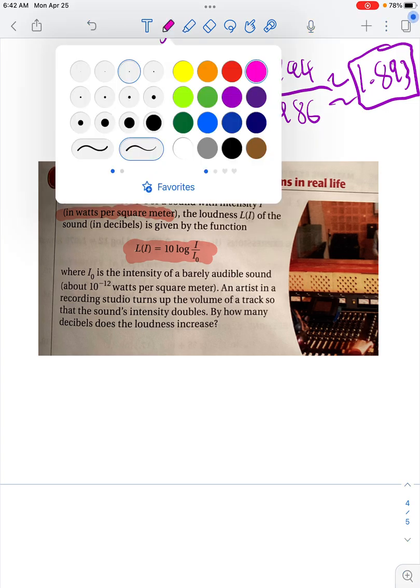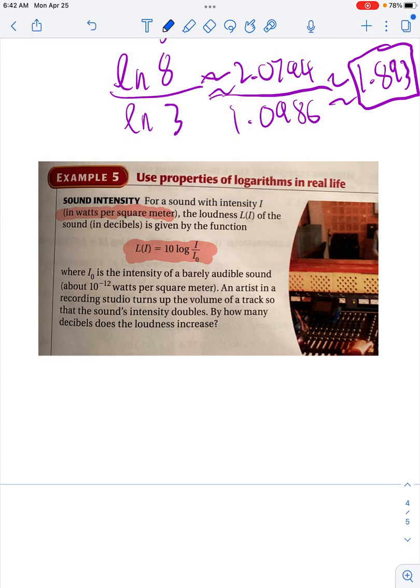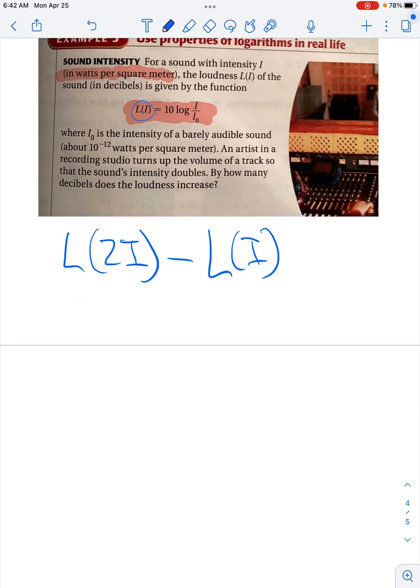So to figure out our loudness increase, we're going to take our new function, which, if it doubles, means we have to take this function and multiply the intensity by 2. So I'm going to say 2I rather than I. And then I'm going to subtract from that what I originally had. And that's going to give me my new answer.